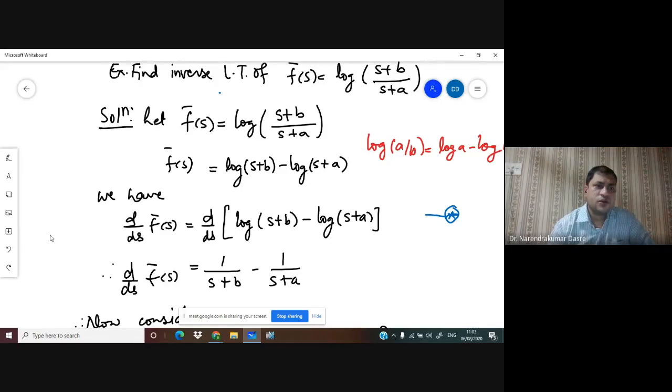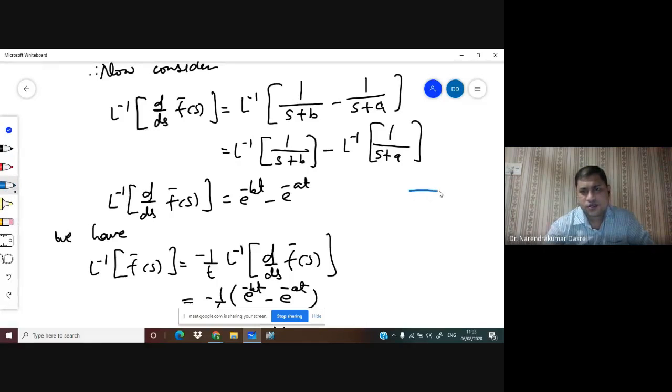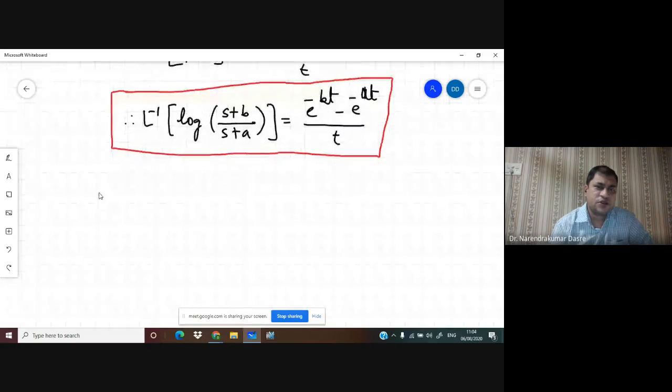After finding the derivative, the second step was to find the inverse Laplace transform of this derivative. And after finding the inverse Laplace of this derivative, the third step is to use the property. So by using these three steps, we were able to get the inverse Laplace transform of this given function.